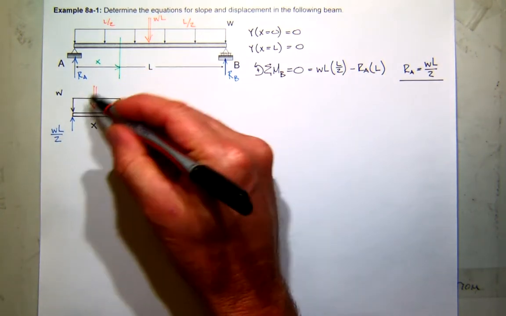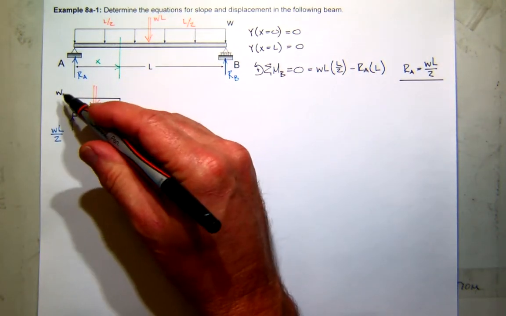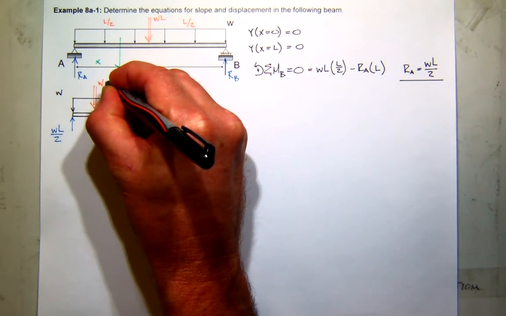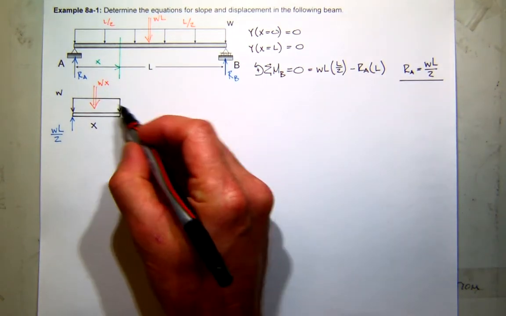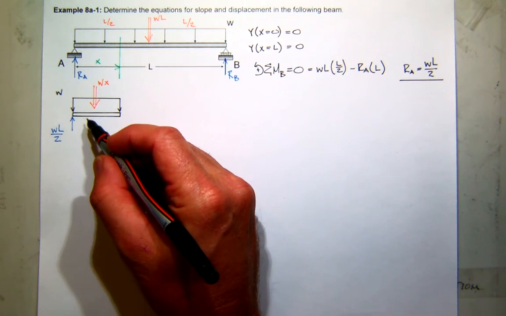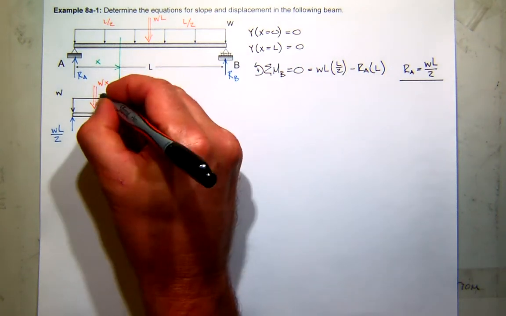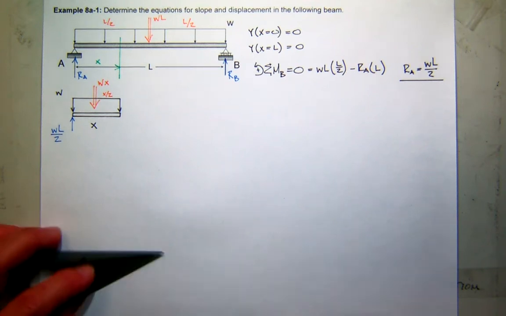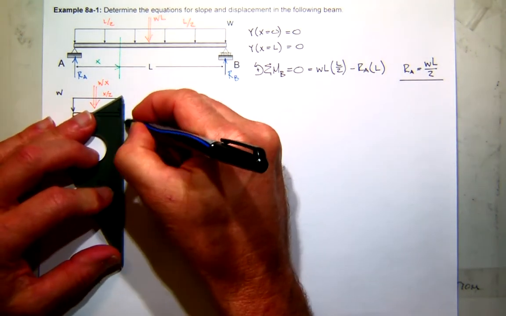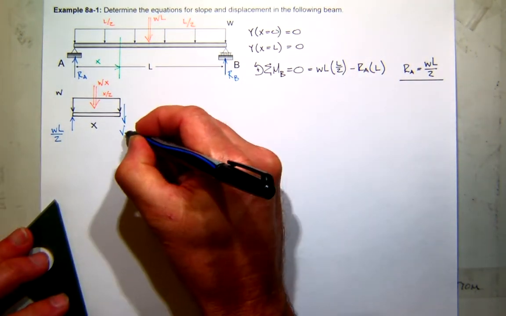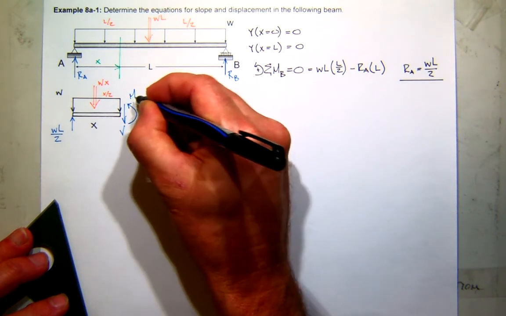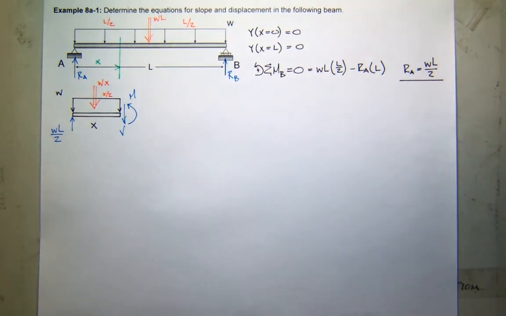It's still a rectangle, so base times height, which will be x times W, so Wx. And the distance from the cut to the centroid? Half the distance, or x over 2. And then, of course, at the cut, I would have positive shear. Right now, we're not worried about shear. We're only concerned right now with moment. So there's my free body diagram for that.